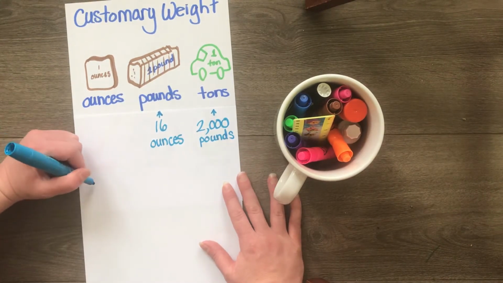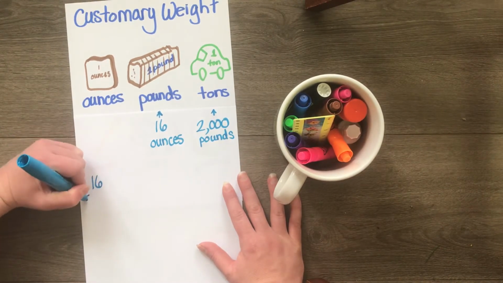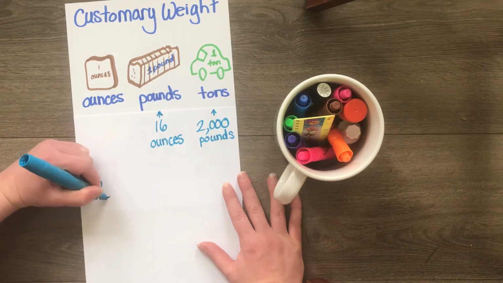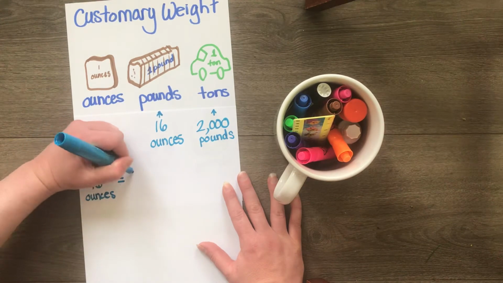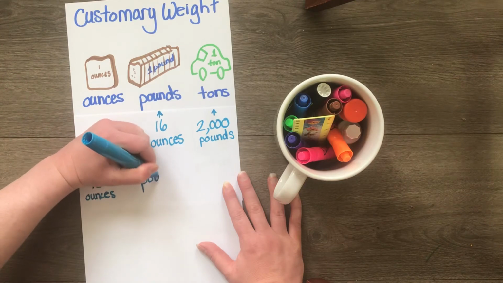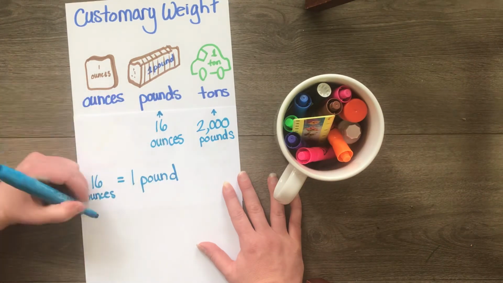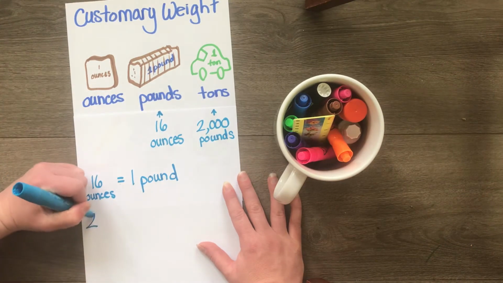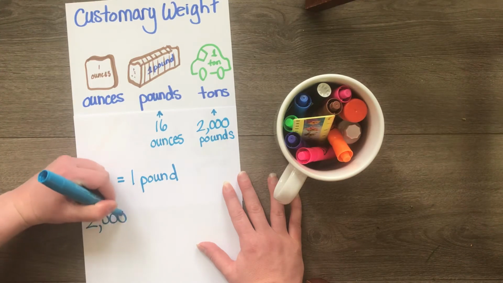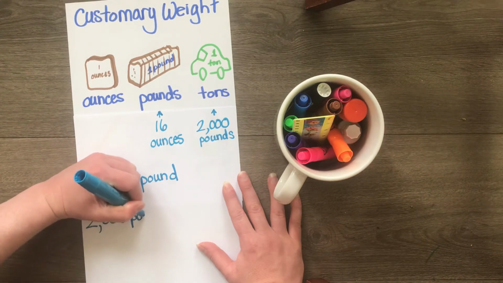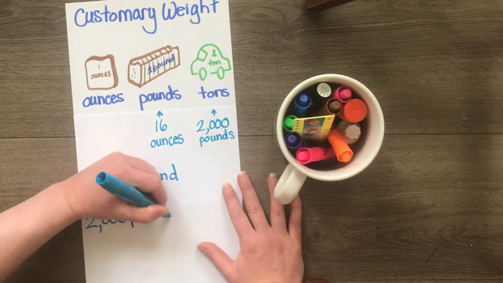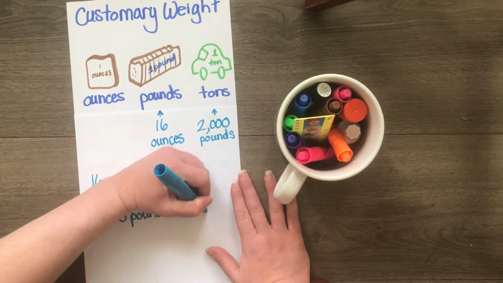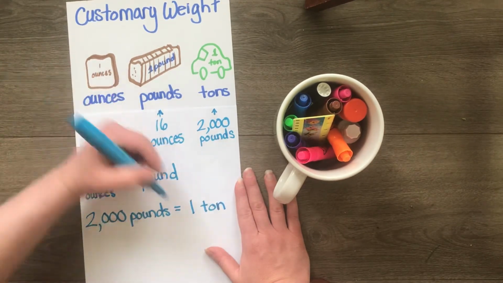If we were going to write that, we would say 16 ounces equals 1 pound, 2,000 pounds equals 1 ton. Pretty amazing, right?